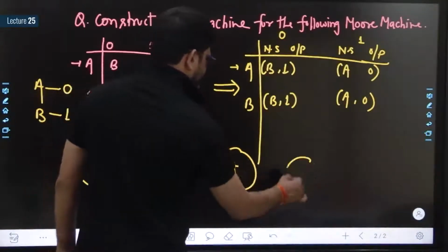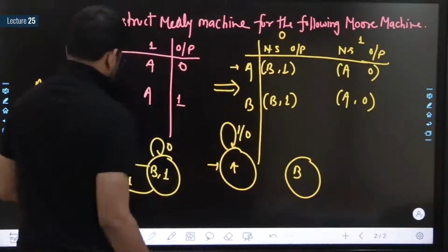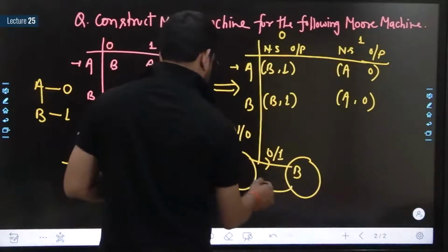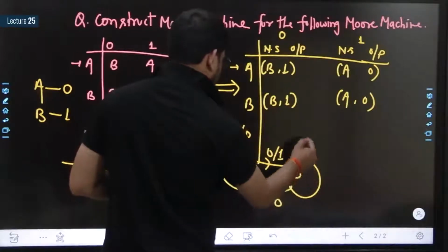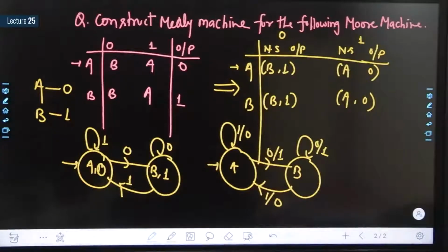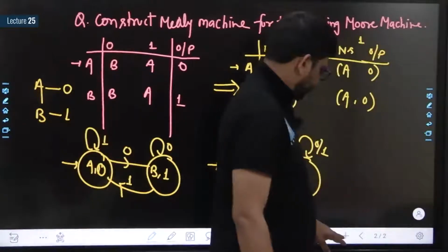A, B, 1 associated output is 0, 0 associated output 1, 1, 0, 0, 1. This is the equivalent Mealy machine. Clear? Any doubt? No. Okay. Do next question.